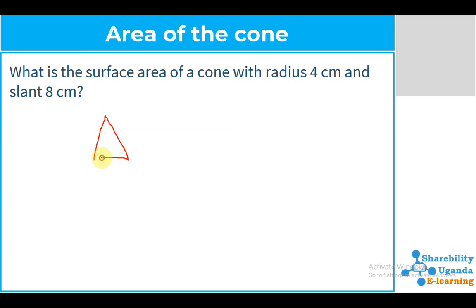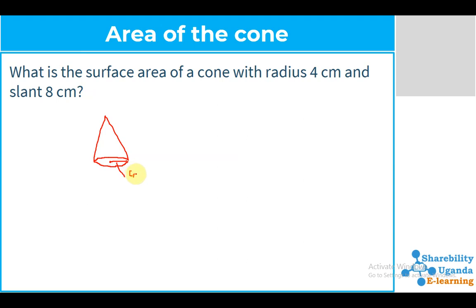They want us to find the surface area of a cone with a radius. So this is going to be our center. From the center up to here, this is our radius, which is 4 centimeters.